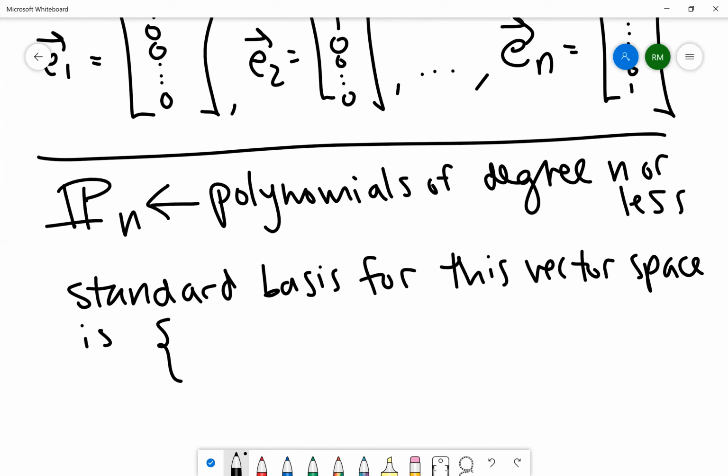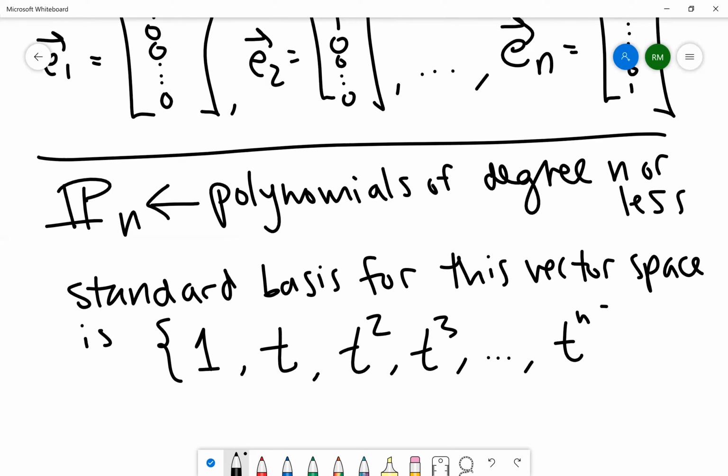We have the function that's just the constant function 1. We have t, or x, the linear one. We have the quadratic, the cubic, and t to the n. So this is a basis, and it's actually the standard basis for Pn. Okay.